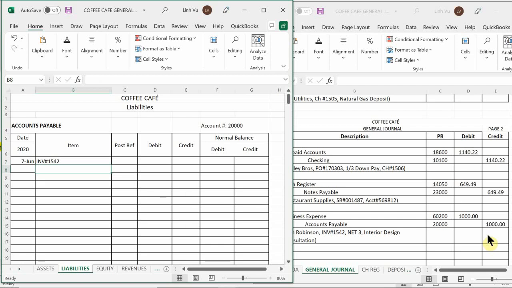This is for the interior design consultation, and you can get the exact date of when it happened, when it's due, etc. So that's pretty much all the information I need because the invoice is going to tell you who it's from, when it is due, how much is due. And of course, my post reference is going to be General Journal number 2. And because it's a liability, it's going to be on the credit side.